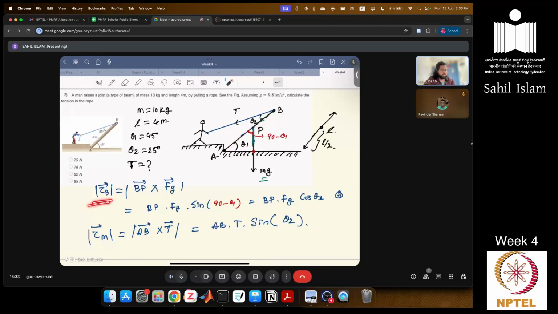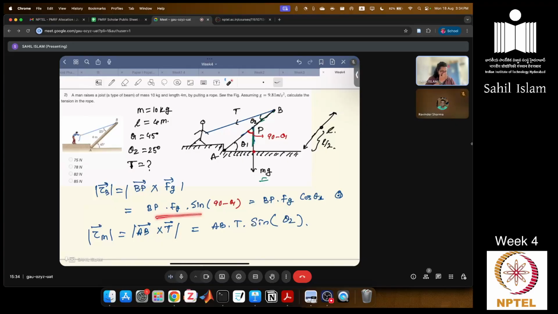So the gravitational torque is BP. Why P? Because it is at the midpoint. So the gravitational force we take acting at the midpoint. So BP times Fg times sine. This angle is given as theta 1, and BP and Fg have an angle 90 minus theta 1.